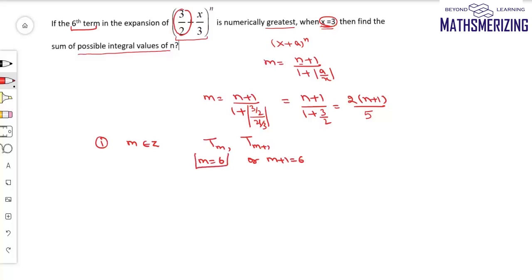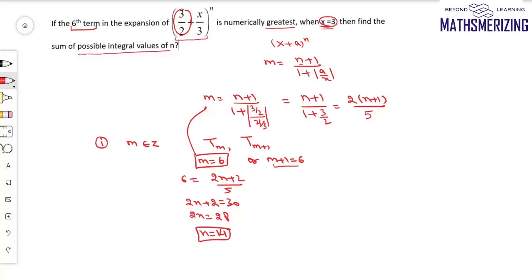So if I put m as 6, I'll get 6 equals (2n plus 2) upon 5. So 2n plus 2 is 30, 2n is 28, that is, the value of n is 14.